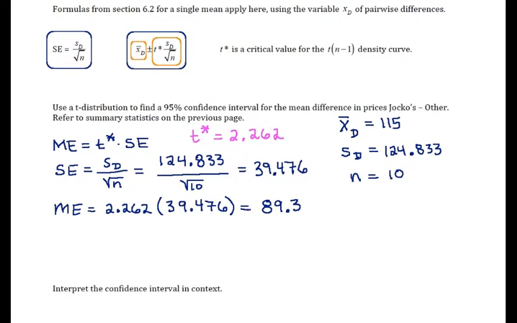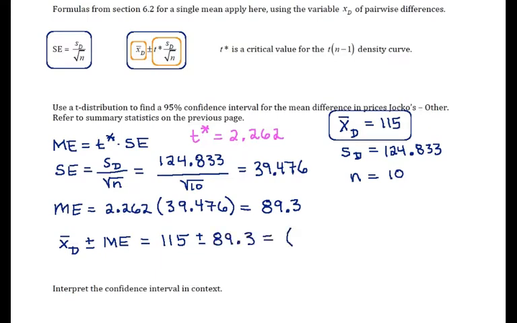I get 89.3. I chose to round this to just 1 decimal place because I see that my estimate is rounded to the nearest whole number, so I don't want to go much past. I only go to the same number of decimal places as my estimate, or maybe 1 decimal place further, so that my confidence interval is x bar sub d plus or minus that margin of error, which is 115 plus or minus 89.3.